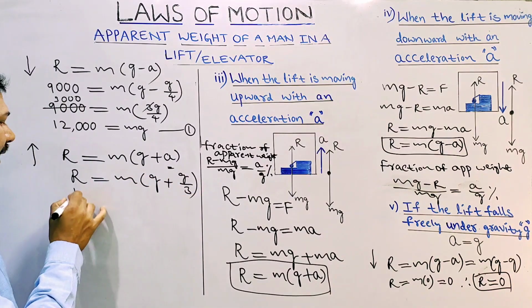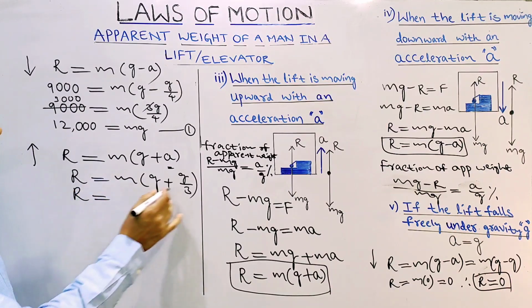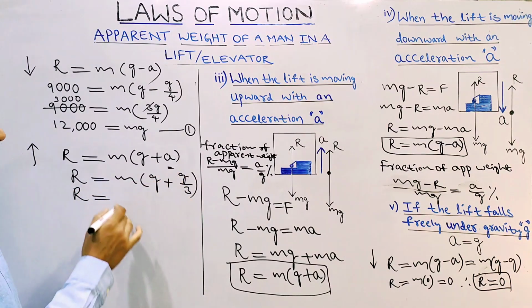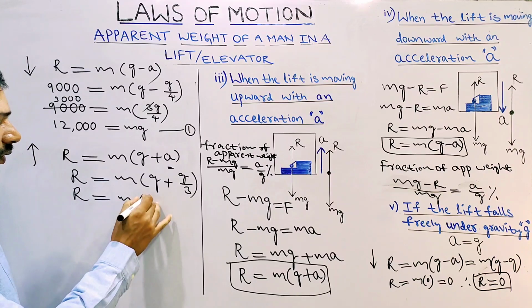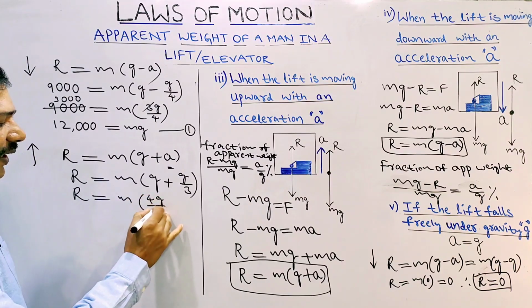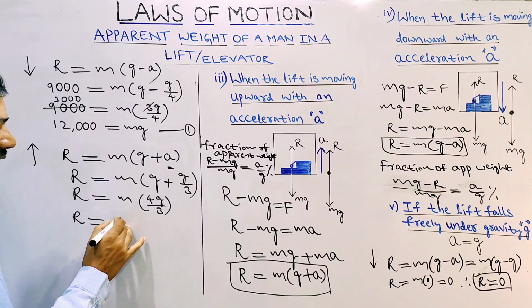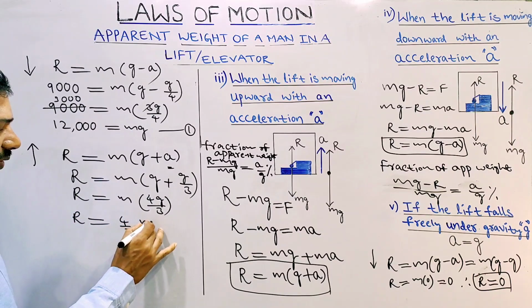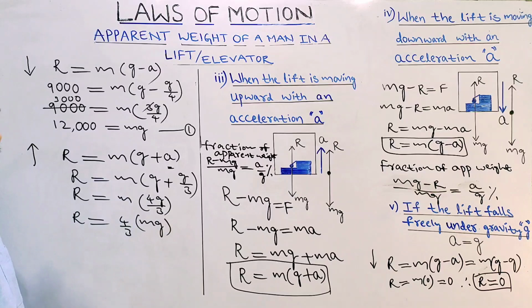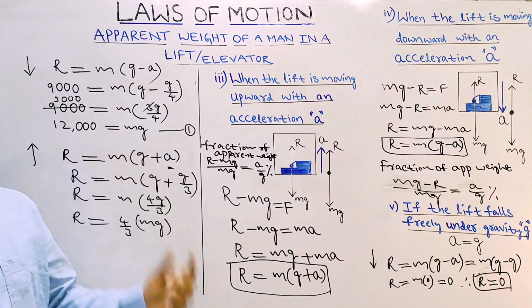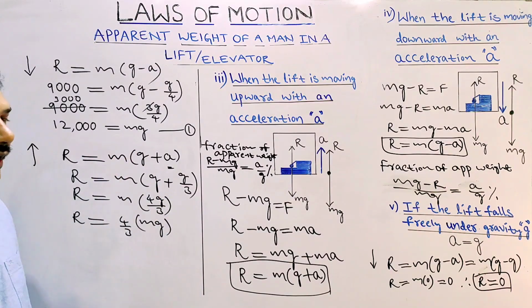Now here the LCM is 3: 3g plus g is 4g. So m into 4g by 3. Here 4 by 3 I am writing outside, and the remaining is mg. This mg value we just got in equation 1.